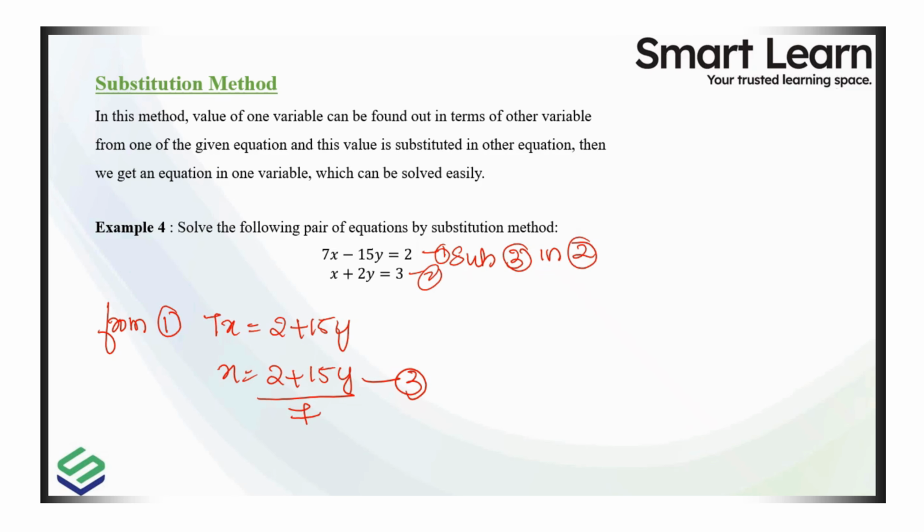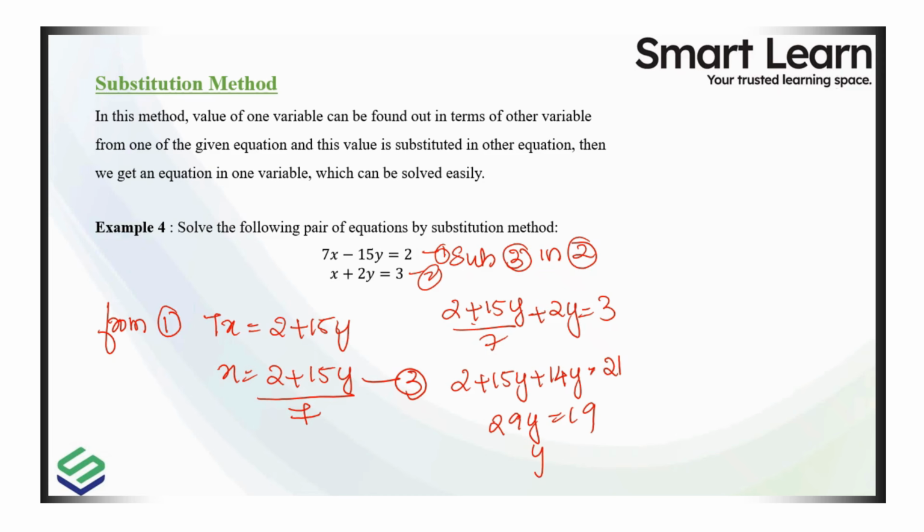When I substitute, it becomes (2 plus 15y) by 7 plus 2y equals 3. By cross multiplication, you will get 2 plus 15y plus 14y equals 21, that is 29y equals 19. So y you will get as 19 by 29.